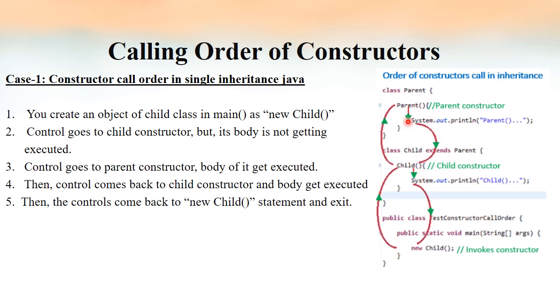As you can see in this program, there are three classes: class Parent, class Child, and class TestConstructorCallOrder. Child is the child class of class Parent because we have used the keyword extends here. So Child extends Parent means there exists an inheritance relationship between Child and Parent.